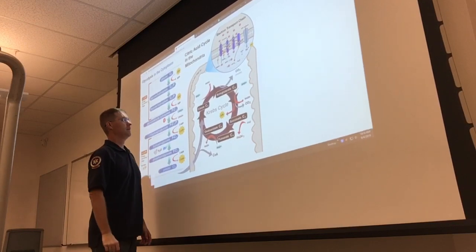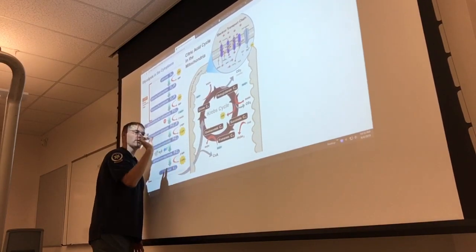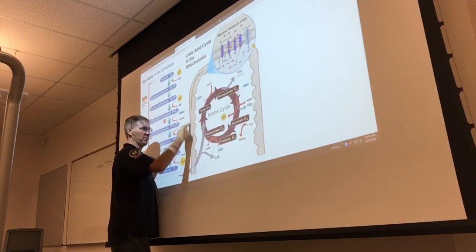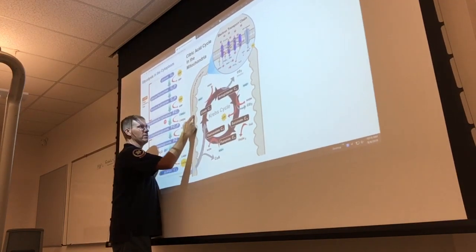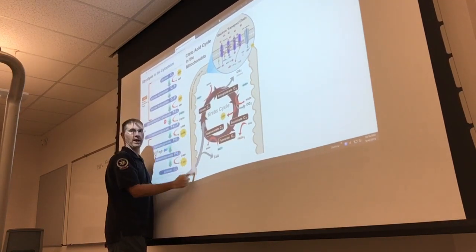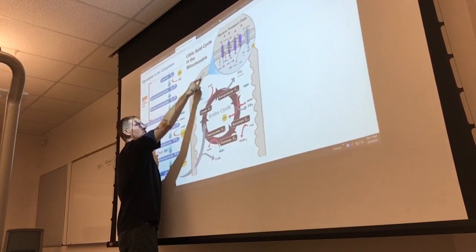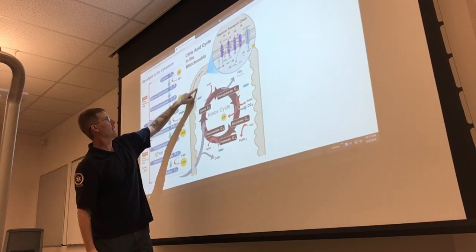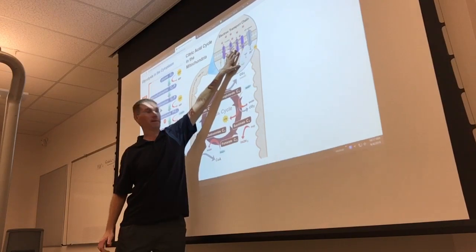The mitochondria has 2 membranes, an outer membrane and an inner membrane. The space in between the membranes is known as the intermembrane space, and it is right in here where the electron transport occurs.